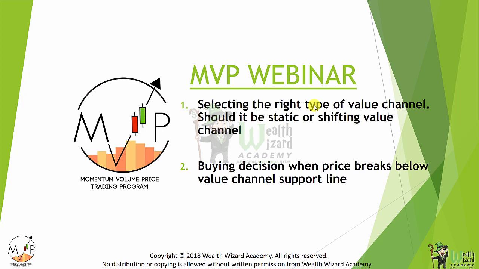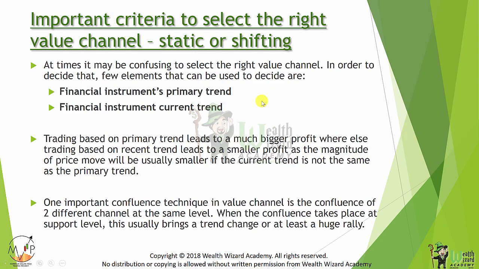So first, how do we know the right type of value channel? That comes pretty much based on these criteria. Important criteria to select the right value channel, static or shifting. At times it may be confusing to select the right value channel. In order to decide that, a few elements that can be used are the financial instrument's primary trend and the financial instrument's current trend.